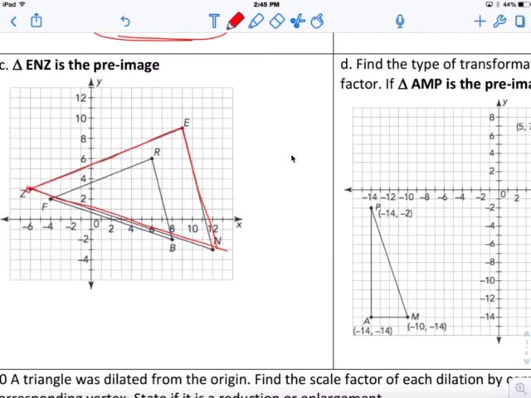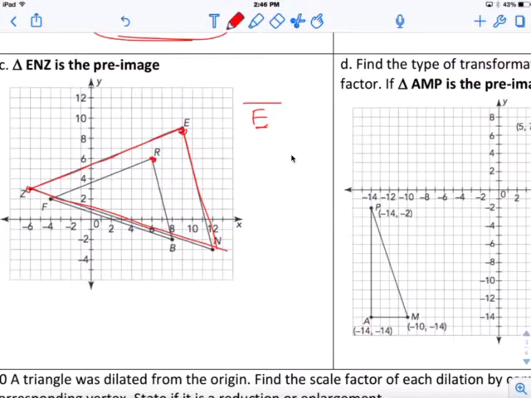Let's just take all the positive, E and R. E is on bottom, the pre-image. The image is on top, R. The image is on top, the pre-image is on bottom, you guys.